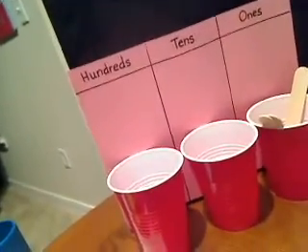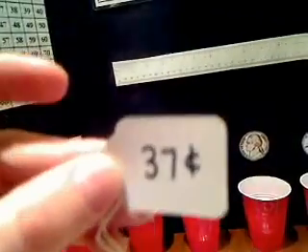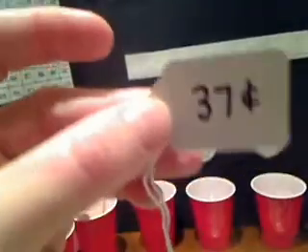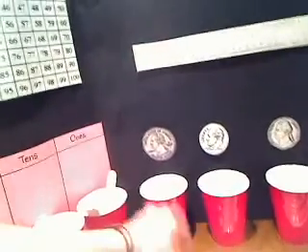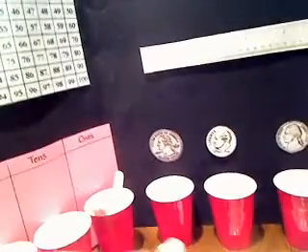When there are 10 sticks, of course, they'll move over into the tens place. Students will participate in coin counting, and I have price tags here, and I've written 37 cents. A student will come up and dip into these cups and make the correct change to make 37 cents, and they will show the class.